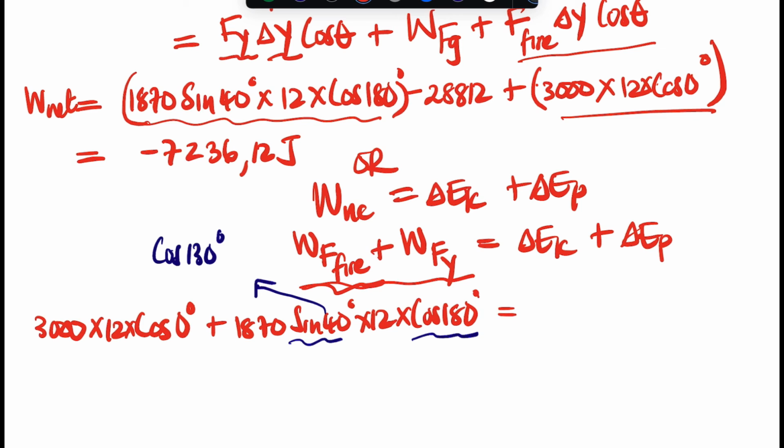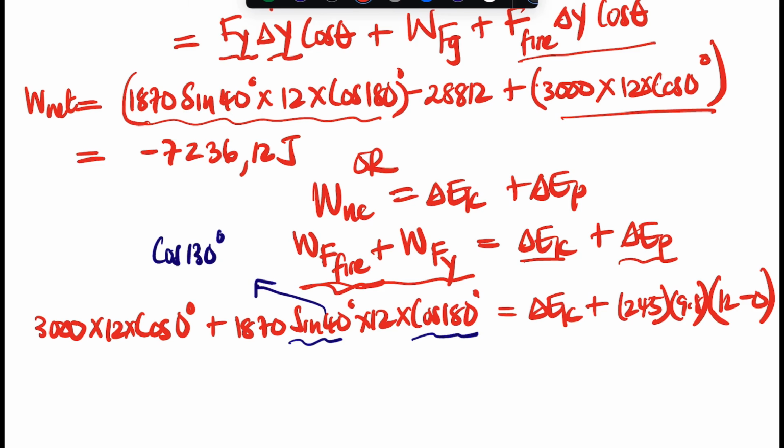So I'm here now on this side. The change in EK, I'm going to leave it, and then plus the change in EP, which is mgh final minus mgh initial. So it's going to be 245 times 9.8, height final is 12, height initial is 0.